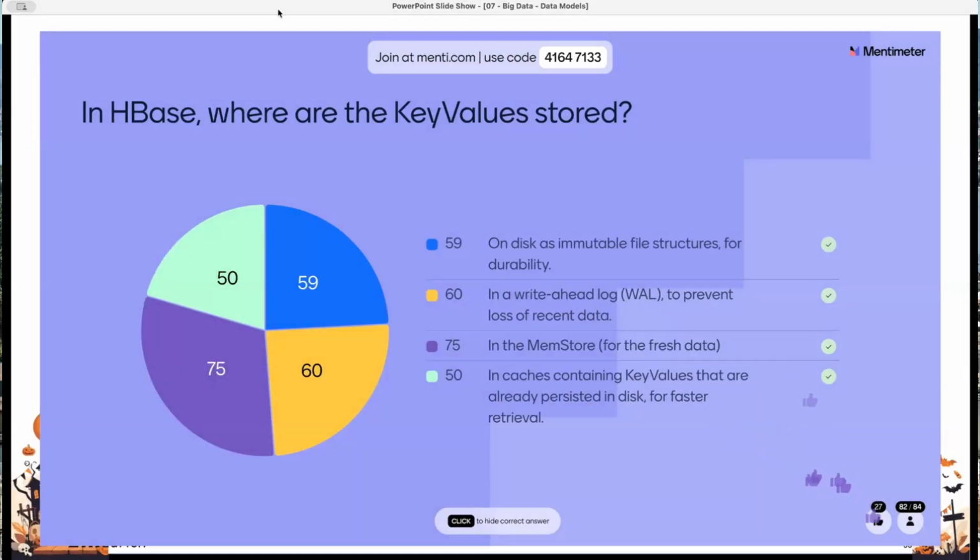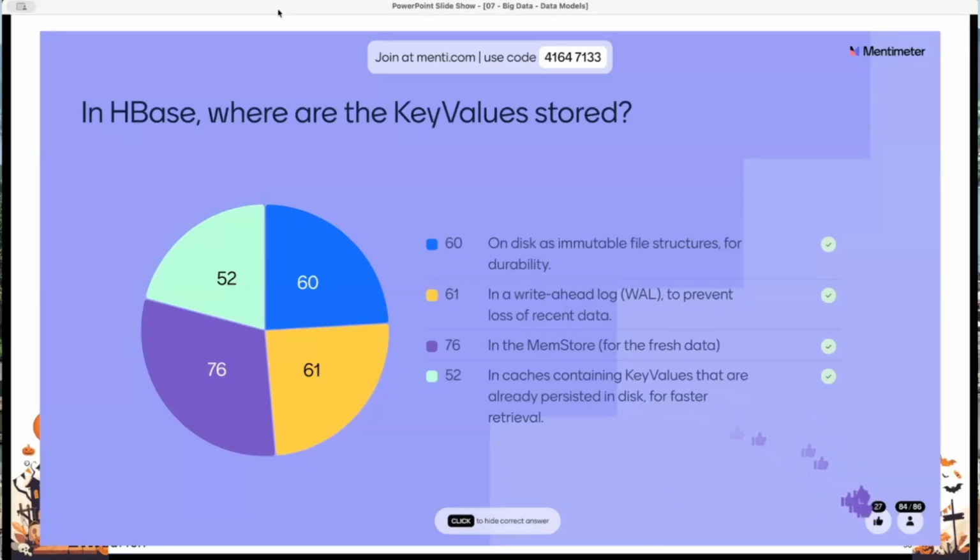Who remembers what is a key value in HBase? What is there in the key of a key value? Yes? So the column family is one thing. What else in the key? The row ID, yes, absolutely. Anything else? The column qualifier, that would be the name of the column in addition to the family.